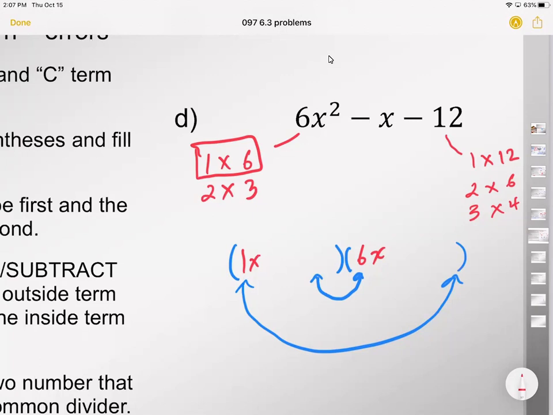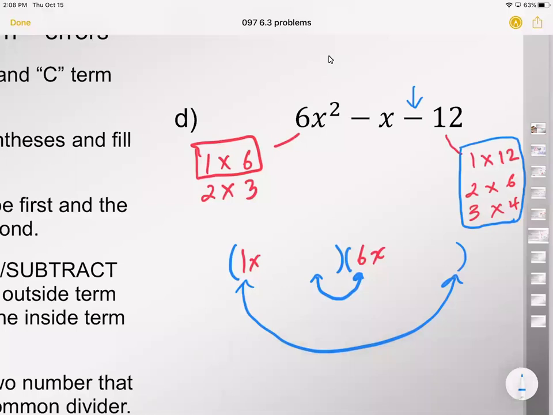But if you do this thing here, reminder, this is what we have. Let's say my blue ink is this item here. How do we know if we add or subtract? Reminder, to know if we add or subtract, the last term, the C term, tells us.